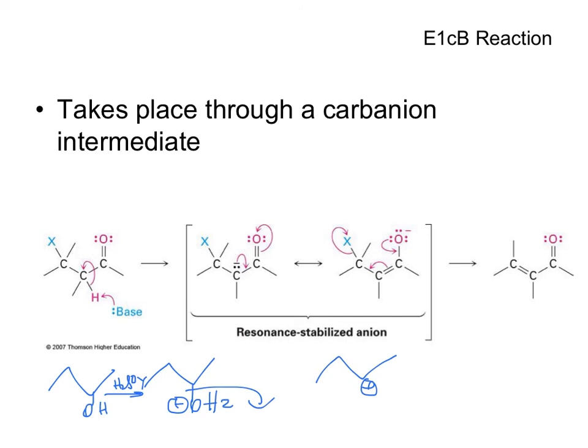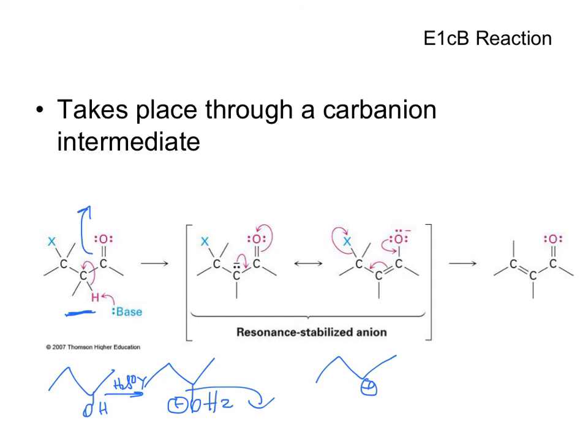In this particular case, your intermediate is not going to be a carbocation but rather a carbanion. This is seen when you have electron withdrawing groups connected to the beta hydrogen. In that case, what can happen is resonance, and hence the loss of the proton becomes easier.